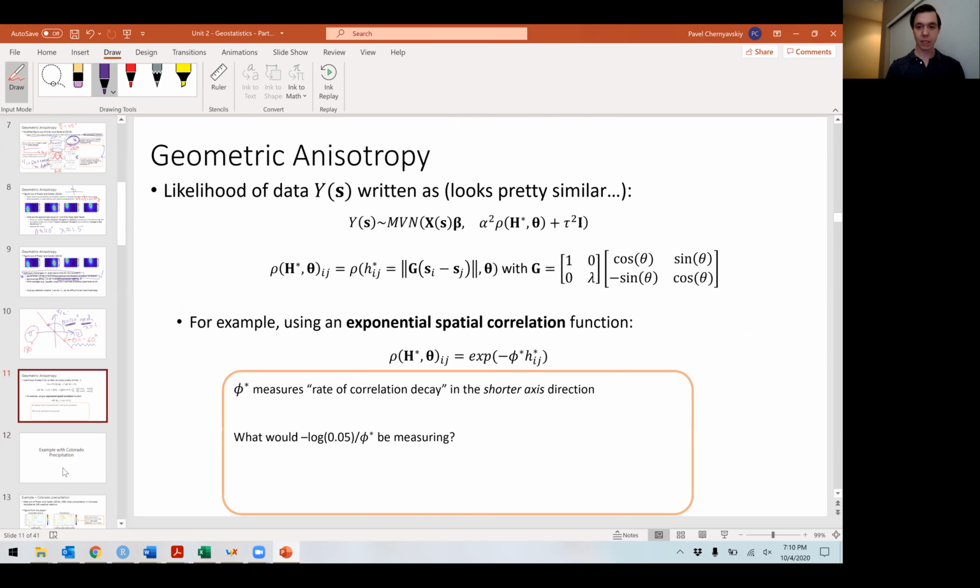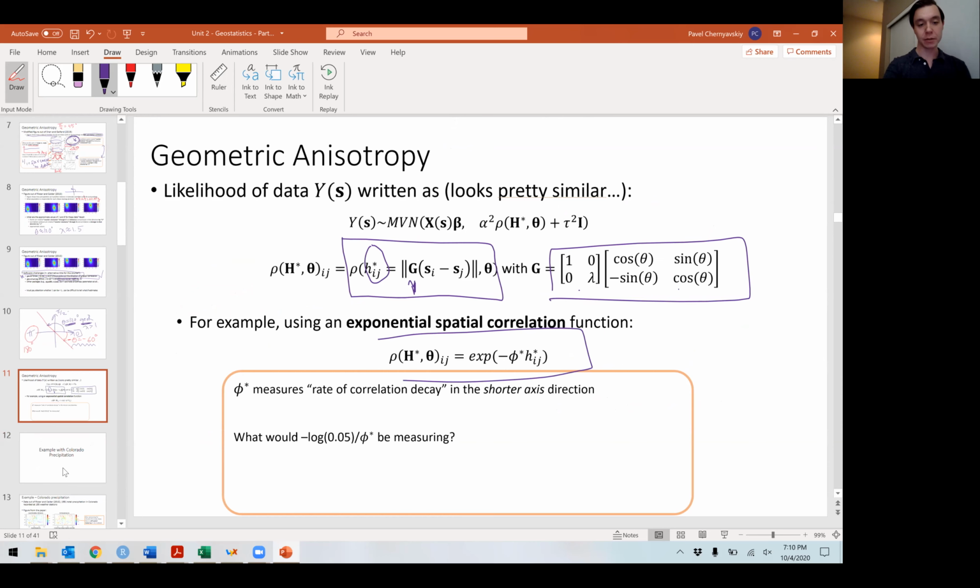All right. You guys can read this slide. This slide just says that, look, remember that G matrix, right? G matrix is the product of the rotation and scaling matrix. We then make our anisotropic distances, feed them into our correlation function, for example, exponential.